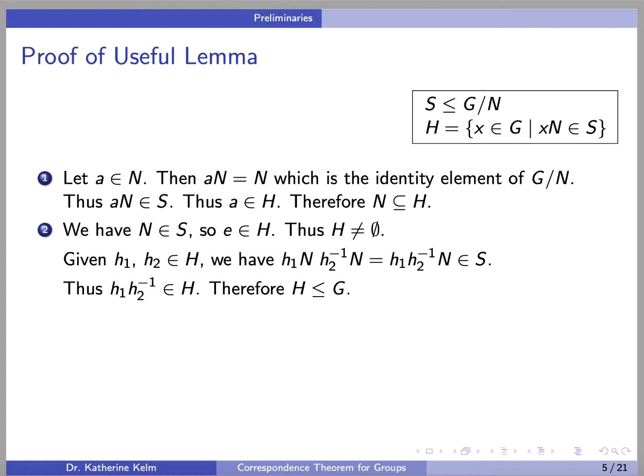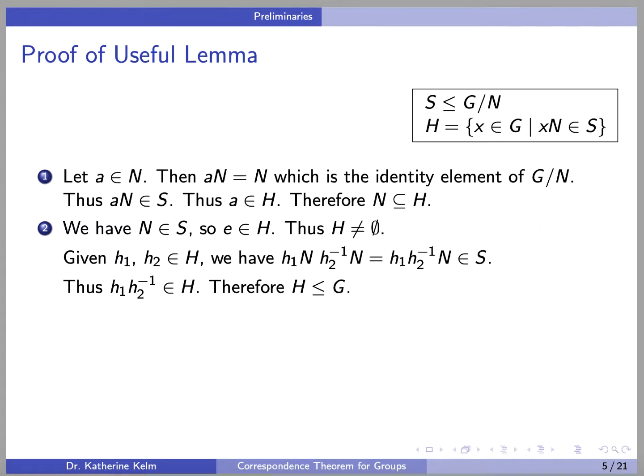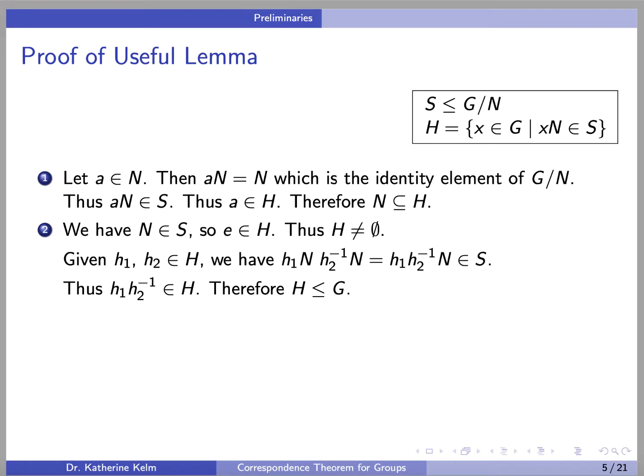Given h1 and h2 elements of H, then by definition, h1N and h2^(-1)N will belong to S. But then the product of these two cosets, h1h2^(-1)N, belongs to S. And therefore, by definition, h1h2^(-1) belongs to H. And therefore, H is a subgroup of G.